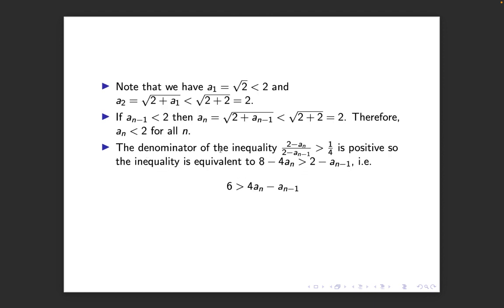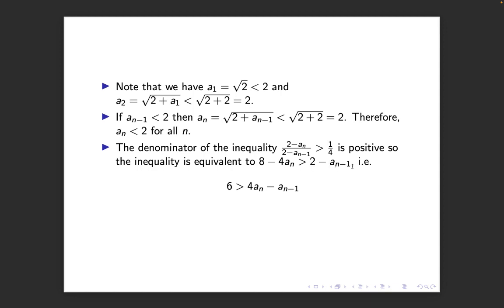Now, since a_n is less than 2, the denominator right here is positive, so therefore we can just cross multiply here, and since the denominator is positive, it will not change the direction of this inequality. So when we cross multiply, we will get 8 minus 4a_n, which is right here, greater than 2 minus a_(n-1), which is right here.